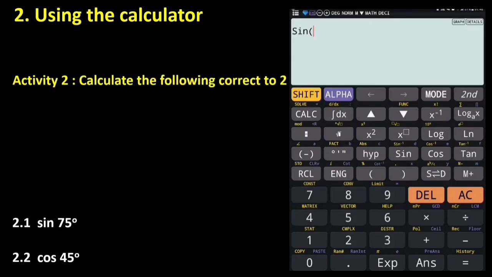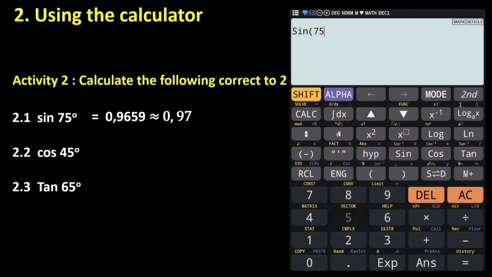The next thing we want to talk about is how to use the calculator. For example, if you're asked to determine the value of the sine or the tan or the cos of an angle, how would you go about it? Well, let's start by looking at the sine of 75. On your calculator, if you type in sine of 75, it gives you 0.9659, which approximates to 0.97 to 2 decimal places.